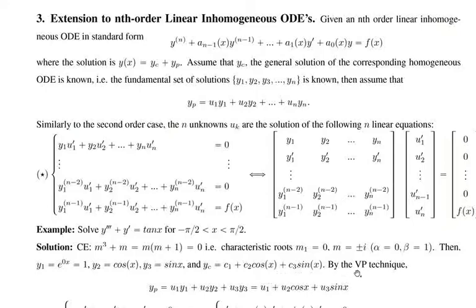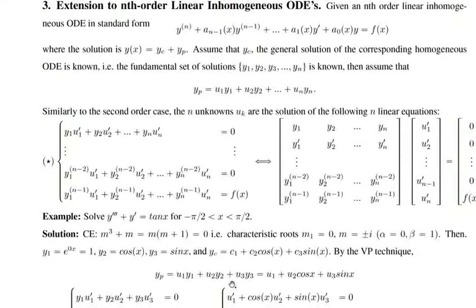Now, by the method of variation of parameters, I'm going to assume that the particular solution is u1 times y1 plus u2 times y2 plus u3 times y3, which in this case is u1 plus u2 cosine x plus u3 sine x.